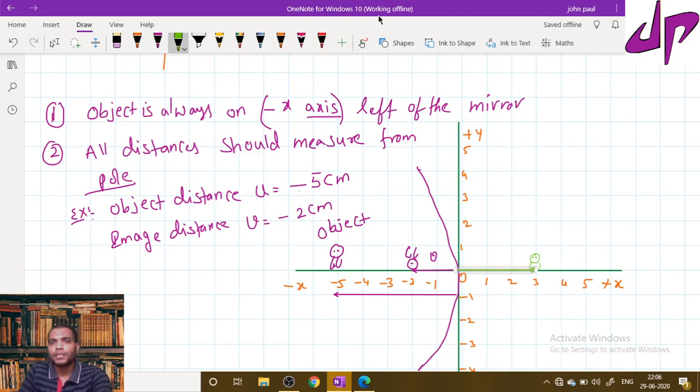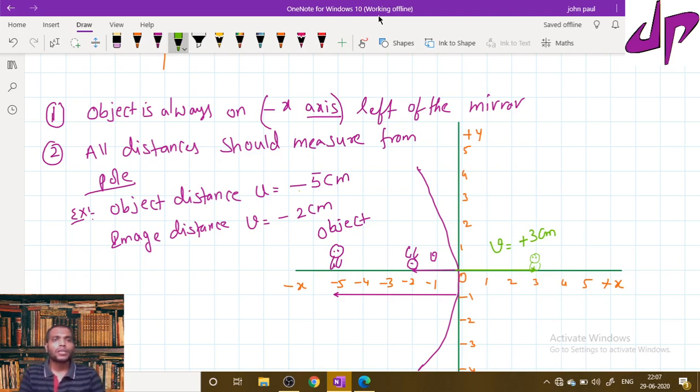Now the image distance v equals plus 3 centimeter. I hope you understand why we are taking the negative sign and why we are taking the positive signs. It is only because of this Cartesian sign convention.